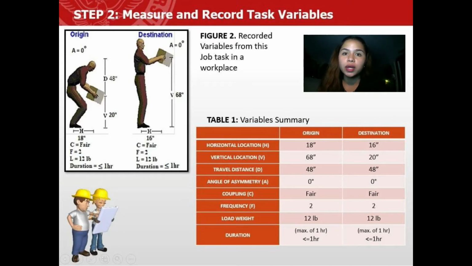That's why duration is under the short category. The average load lifted is 12 pounds and the maximum load lifted is 12 pounds as well. Therefore, the RWL is computed at both the origin and the destination of the lift.